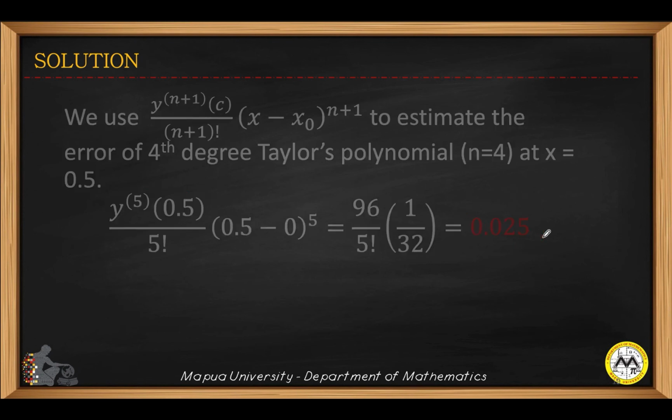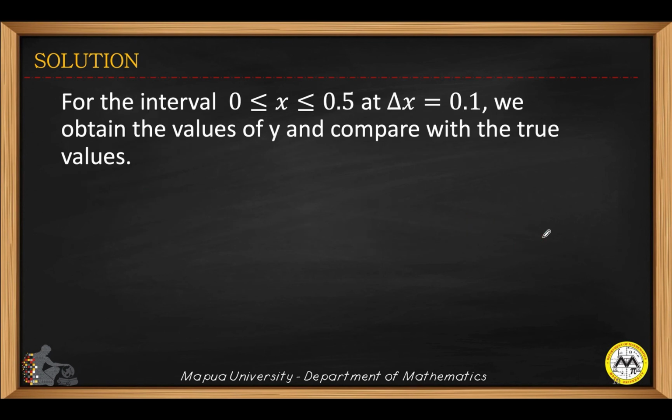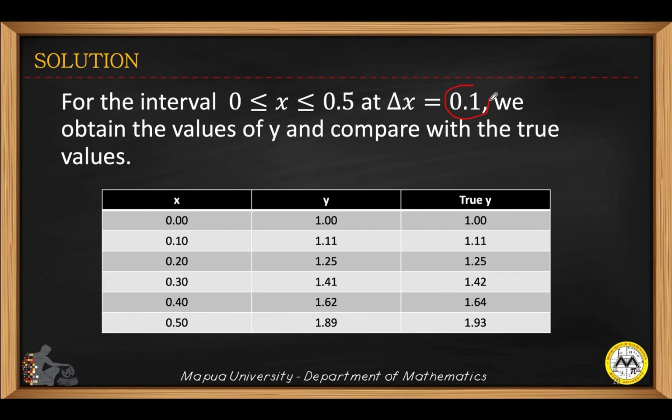Now, if we substitute the values of x within 0 to 0.5 at 0.1 increments, we obtain the corresponding values for y using the fourth degree polynomial.